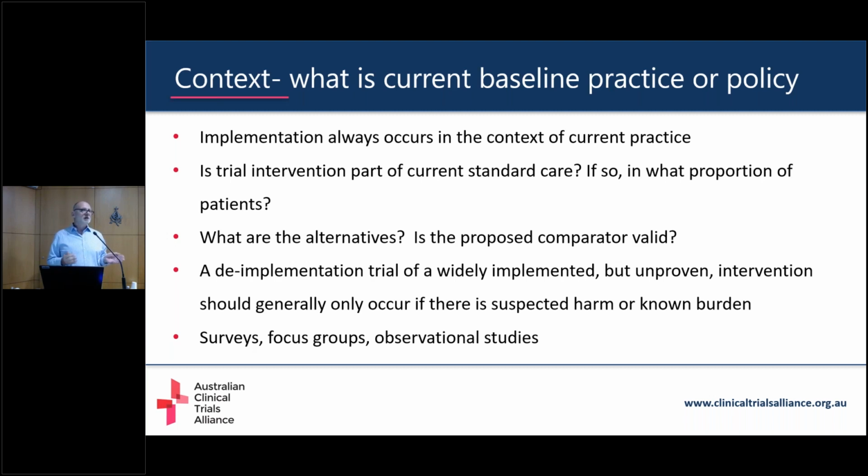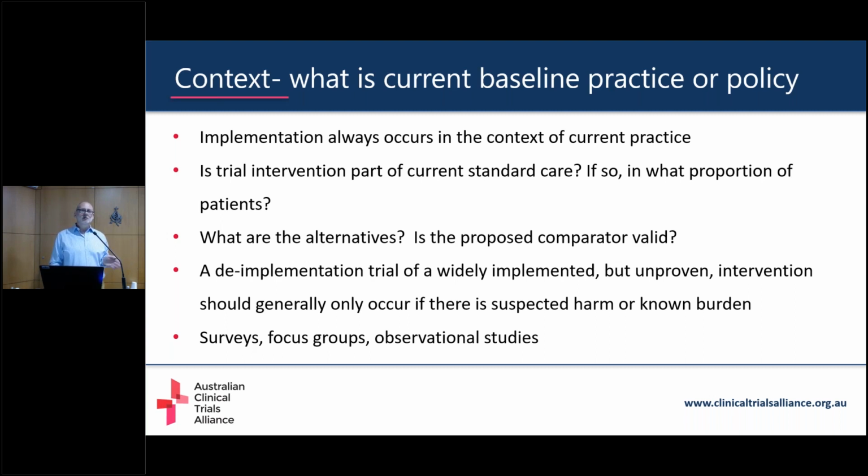But where particularly interventions are part of the spectrum of standard care, part of that observational work should be to measure the different frequency with which alternative options are provided. And that serves to ensure that the options that are part of existing standard care are the ones that are actually going inside the trial.